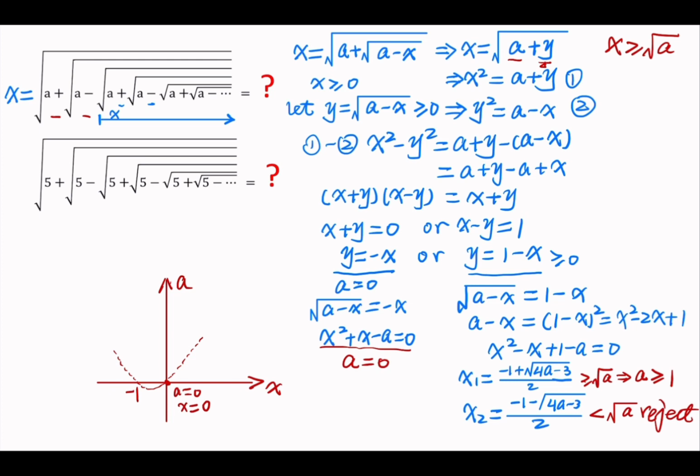And then the second equation here is going to look like this. So a needs to be greater than 1. So when a is greater than 1, we actually use this part of the curve.